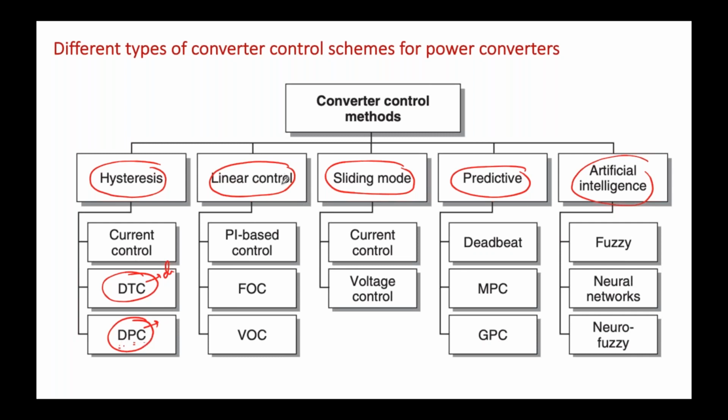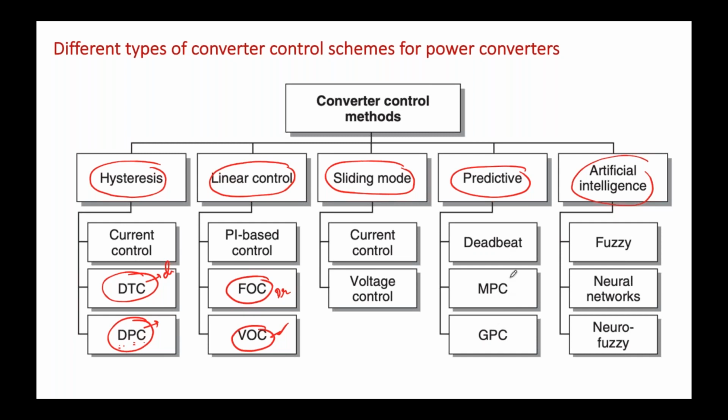Now come to linear controllers. Generally, linear controllers are adopted in field orientation control and voltage orientation control. For grid connected inverters, they adopt voltage orientation control; for drives applications, they adopt field orientation control. Sliding mode controllers have current controllers and voltage controllers. Come to predictive: deadbeat control, model predictive, generalized predictive.